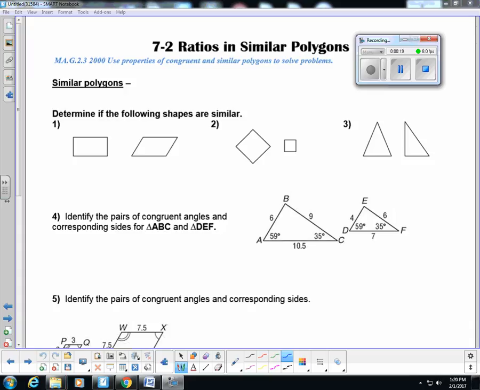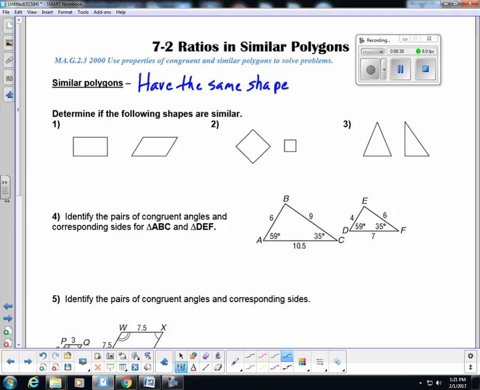Here are the characteristics, and I talked about this Wednesday a little bit. These polygons are going to have the same shape. What that means is they're both rectangles, or they're both parallelograms, or they're both squares, or they're both triangles.